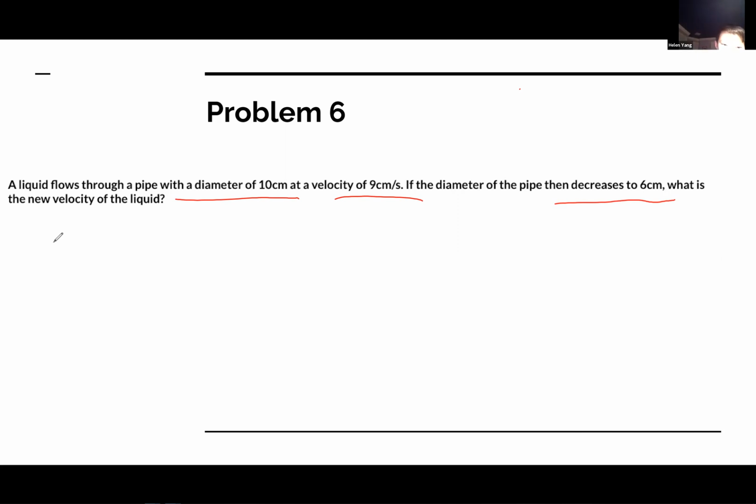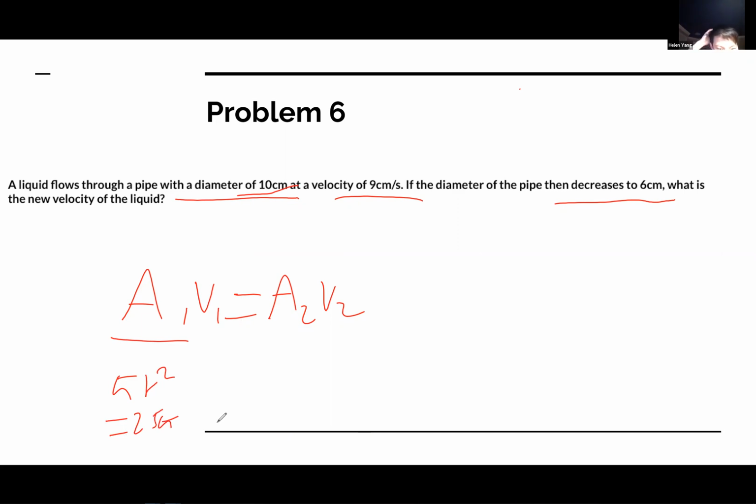So we'll use the continuity equation, which is A1 times V1 equals A2 times V2. The diameter of the first part is 10 centimeters, so the radius is 5. So the area would be pi r squared, which is 25 pi centimeters squared, and the velocity is 9 centimeters per second. It decreases to 6 centimeters, so the radius is 3, so the area is 9 pi, times V2.